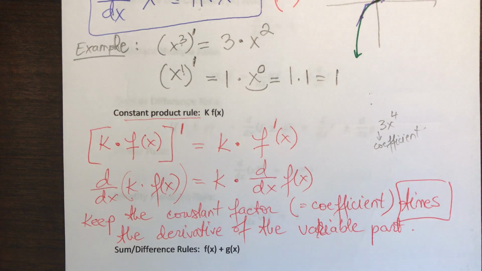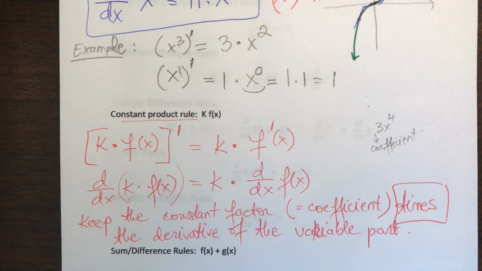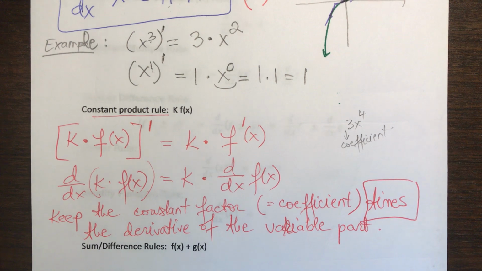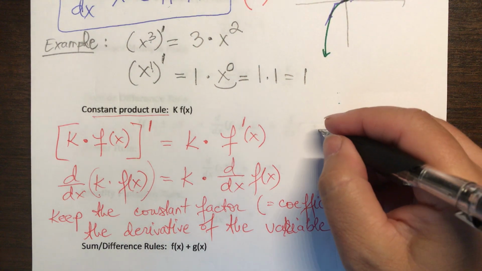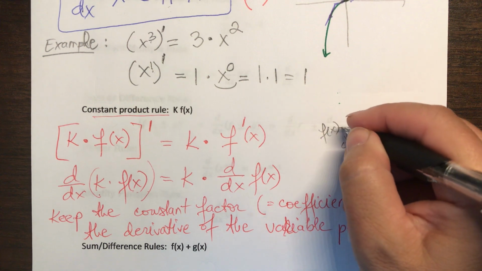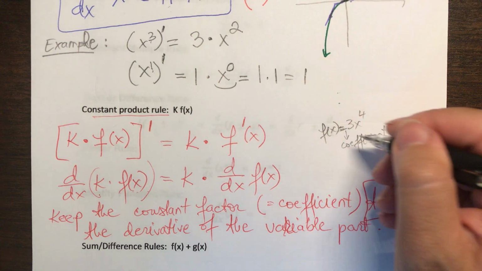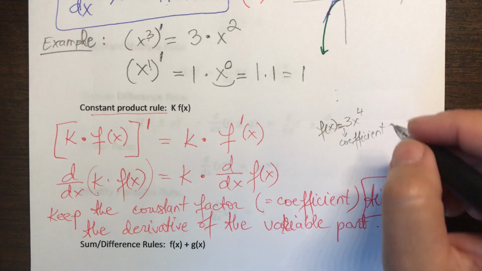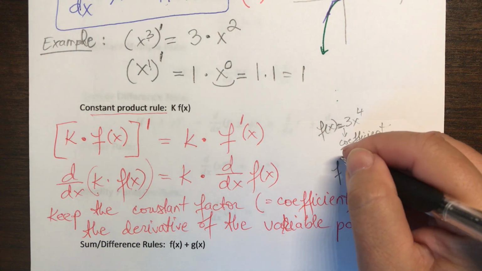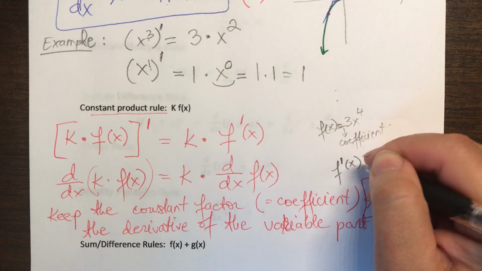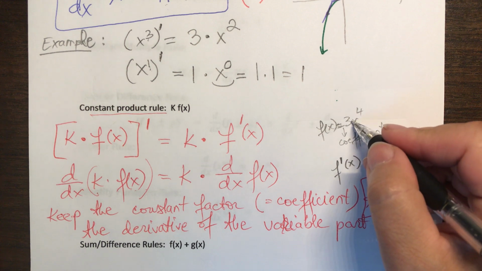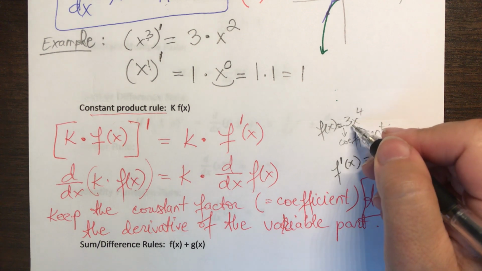So what I'm going to do right away is I'm going to take the derivative of this term right here. So let's say here's my function, right, that says f of x is 3x to the fourth. What's going to be the derivative of this function? Now, as you see, you have a coefficient, right, or a constant factor.